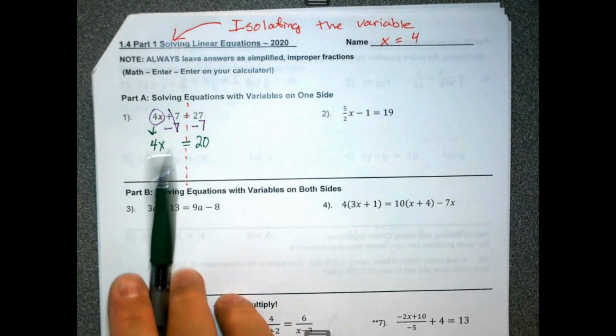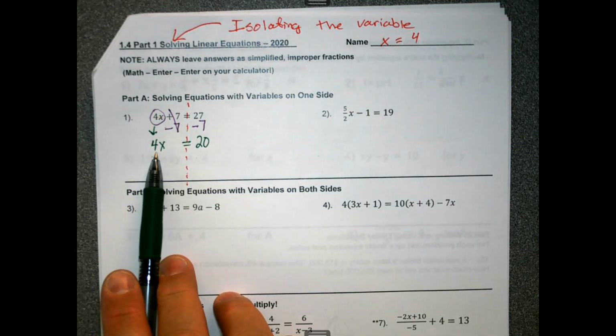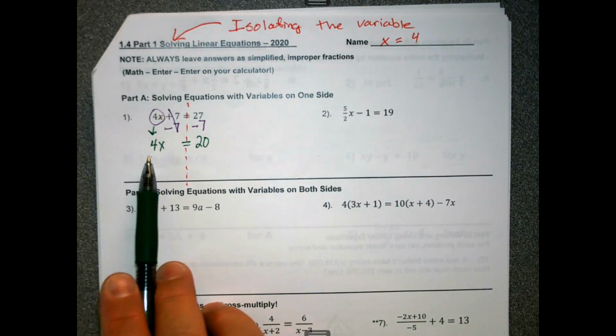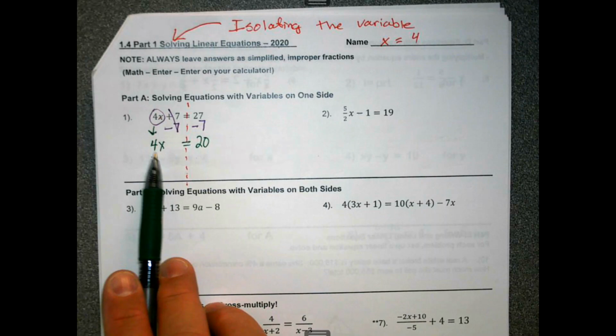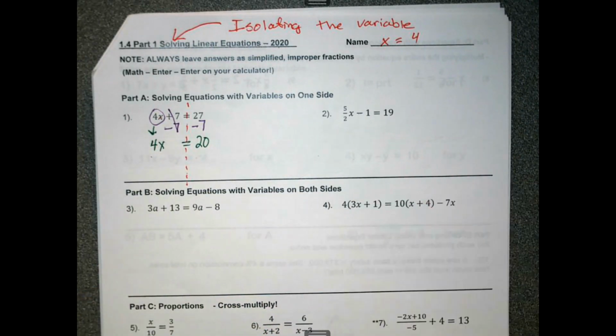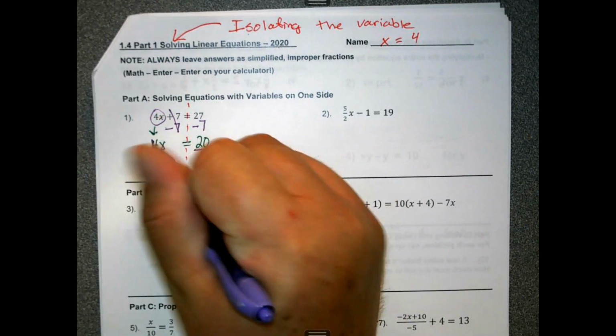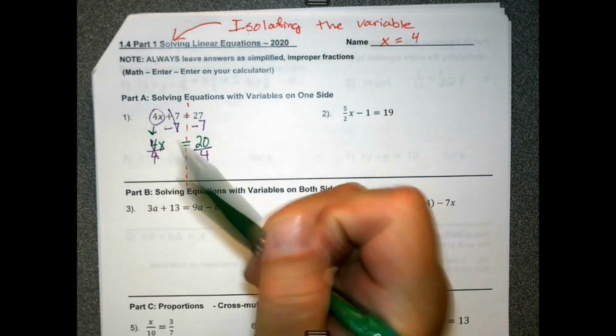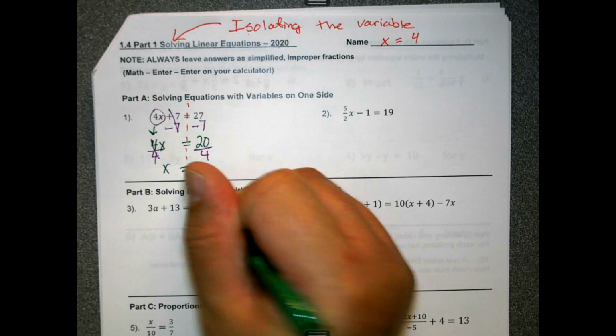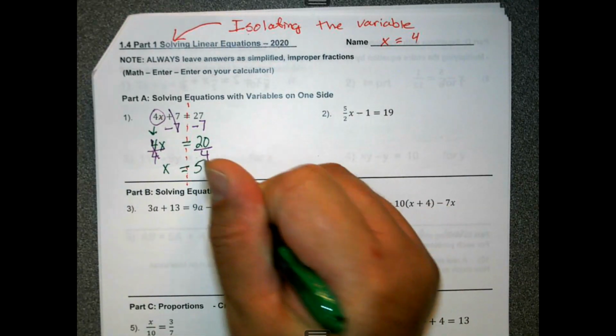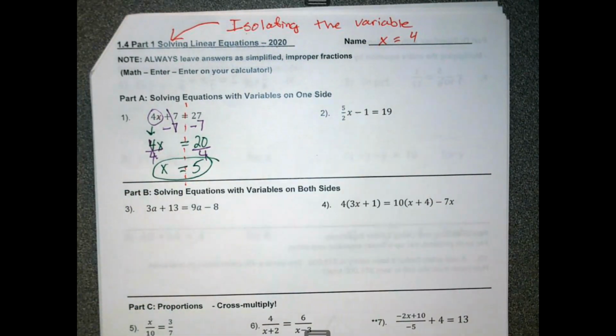I have multiplication. That 4 is a coefficient, right? 4 times x. So to undo multiplication, I'm going to divide. And I finally get my variable by itself, and 20 divided by 4 is 5. There we go.